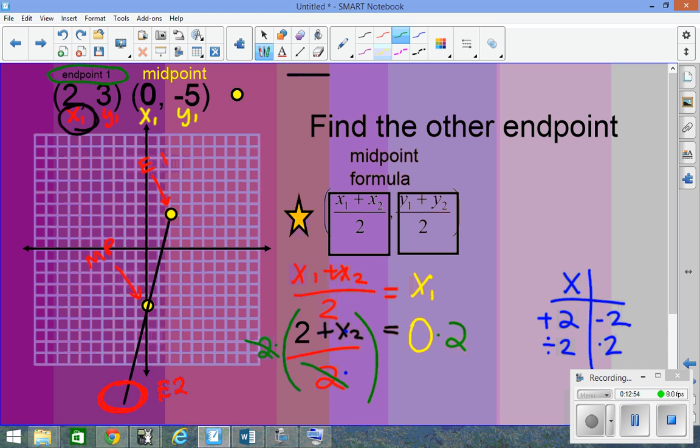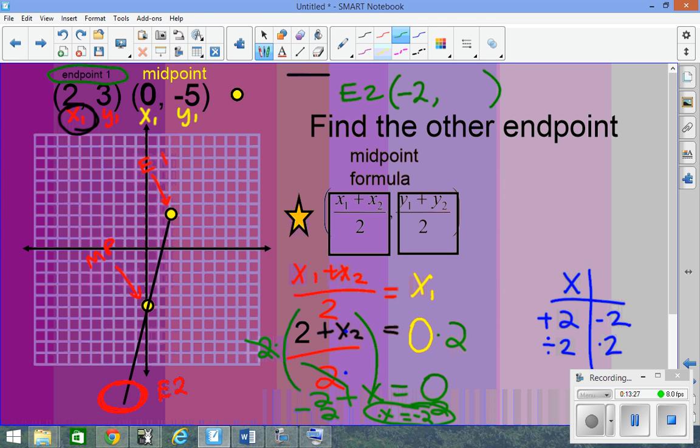These cancel out these 2's, and you're left with 2 plus x equals 0. And subtract 2, and subtract 2, and x equals negative 2. The x coordinate of the second endpoint is negative 2. So endpoint 2, so far my x coordinate is negative 2.